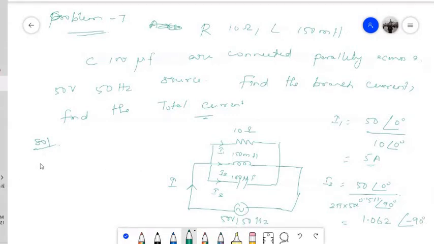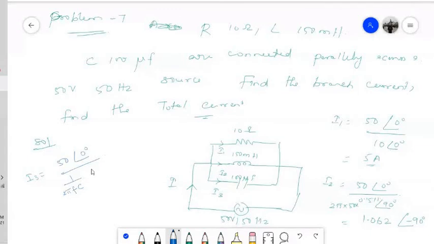The same way, how will I get I3? For I3, the supply voltage is this much, and this is a pure capacitive network. So here the voltage will be lagging the current by 90 degree. So that means I can write my XC to be 1 divided by 2 pi F into C. All these are given.